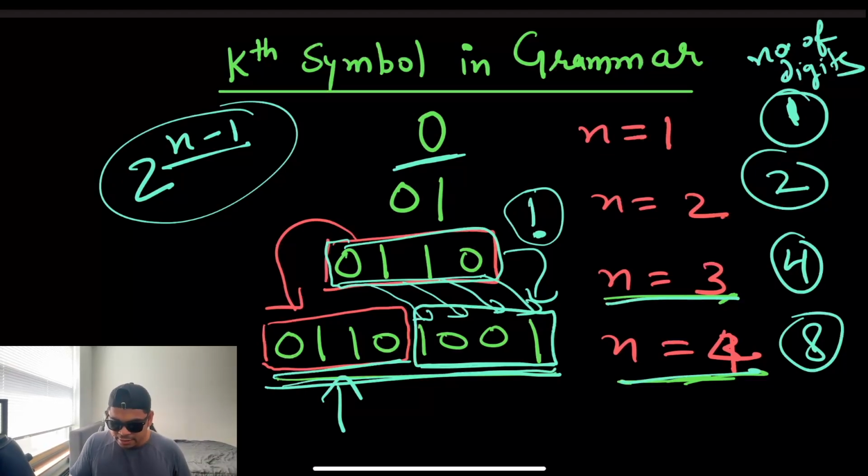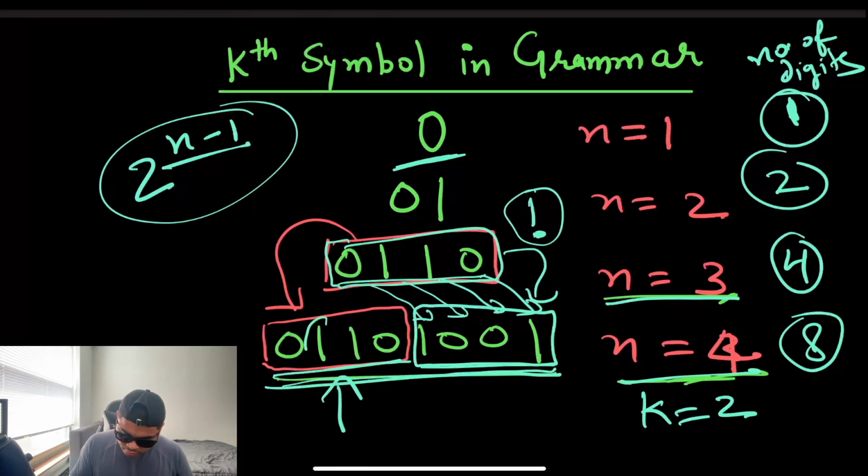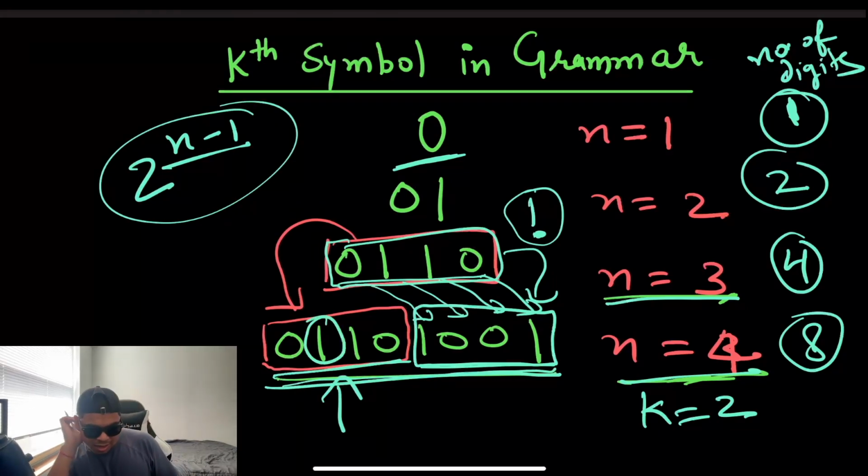So in this case, when n is given as 4, let's say my k is 2, then this is the answer that I'll be returning. But I don't have this pattern generated right now, so I will be reaching the answer using my recursive steps.